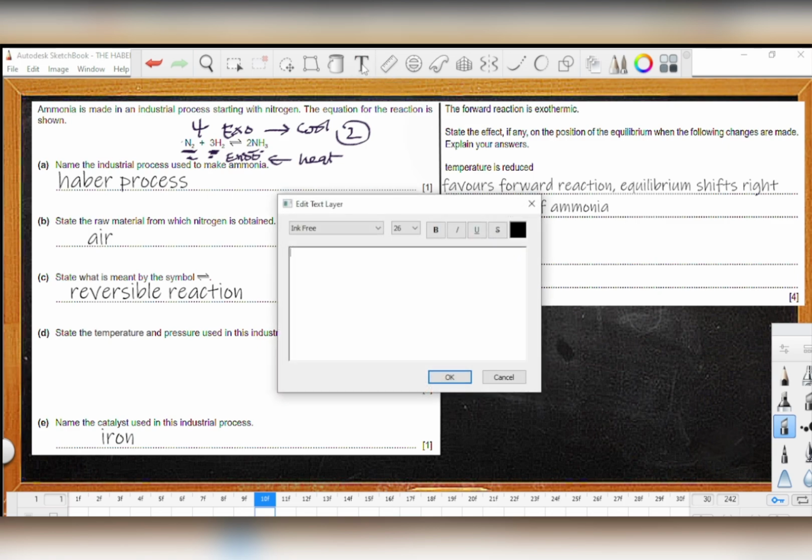So what happens? It favors the backward reaction. Equilibrium shifts left, and then the yield of ammonia, can you guess? Does it increase or decrease?